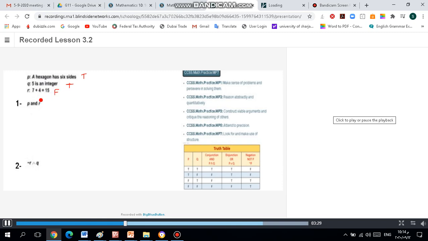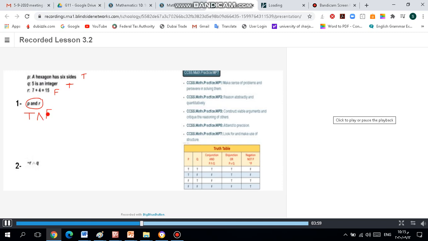Now go back to question number 1: P and R. P, which is "a hexagon has 6 sides", is true. We can rewrite it as true, and R, which is false.